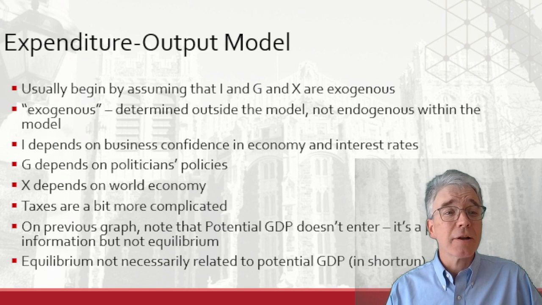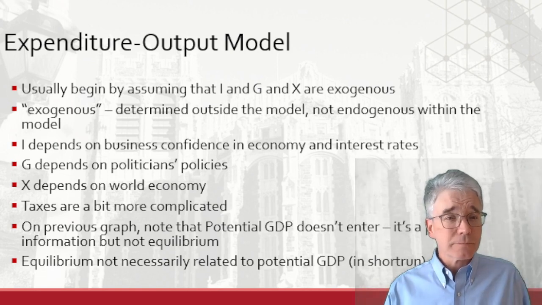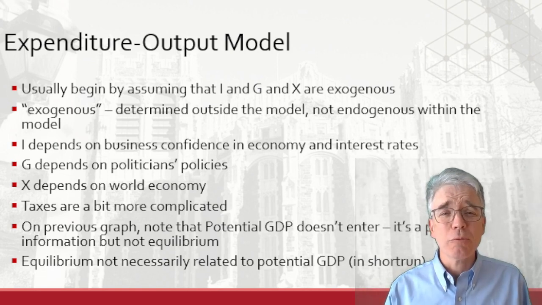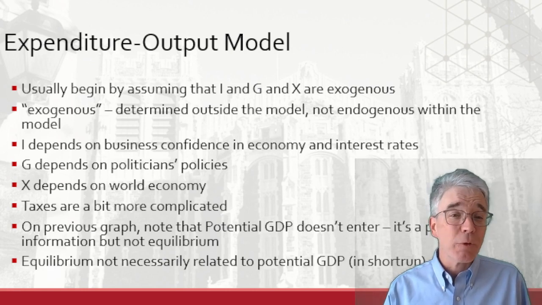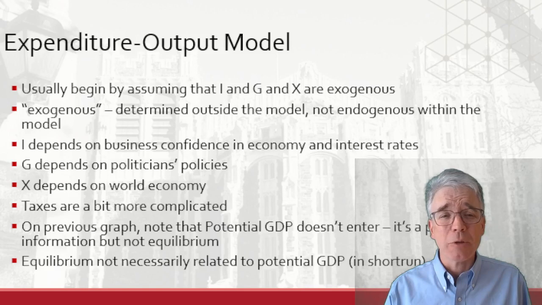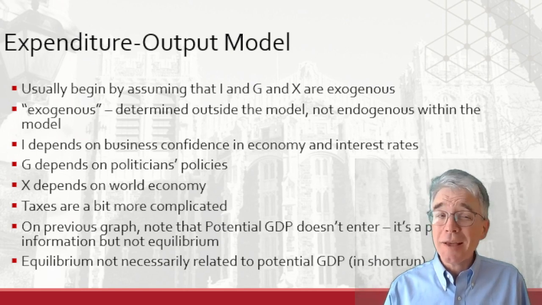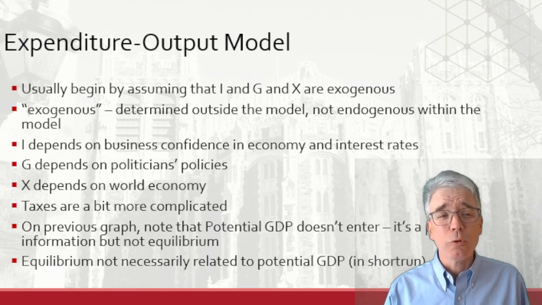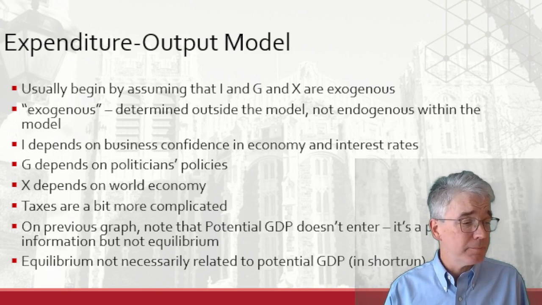From our previous talk on aggregate supply and aggregate demand, I noted the intersection of those short-run curves did not depend on potential GDP. That's informational, but it's not related to the equilibrium. And that's true for the more complicated models as well. In the short run, the economy goes up, the economy goes down, but it may or may not have much to do with the true level of potential GDP or the true or long-run value of unemployment.